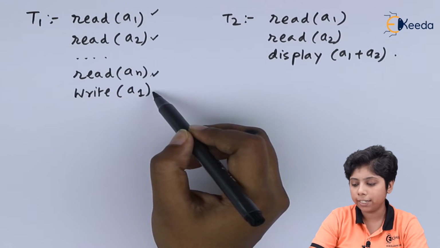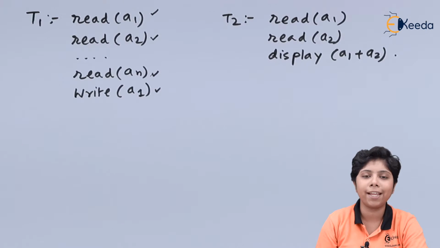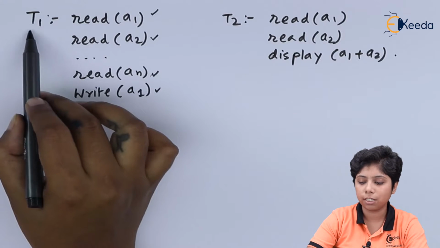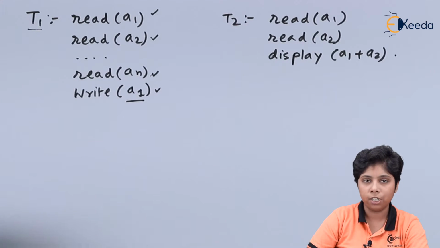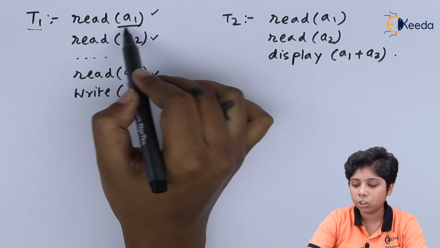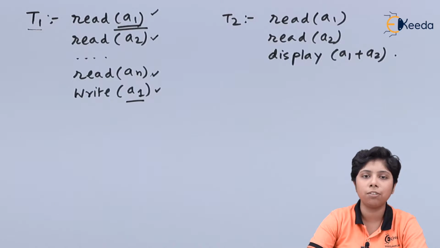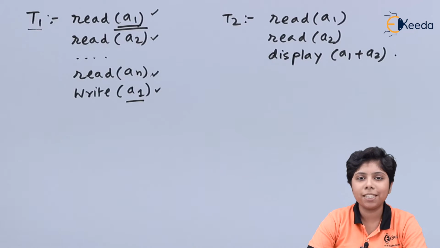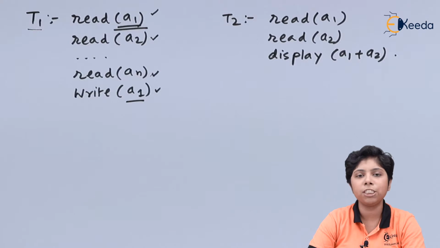Now we need to write A1, that means we need an exclusive lock for transaction T1 on A1. Now we already have the shared lock for transaction T1 on the data item A1. So there is a mechanism that is very smooth, easy and reliable to use in this two-phase locking protocol, which ensures conflict serializability.